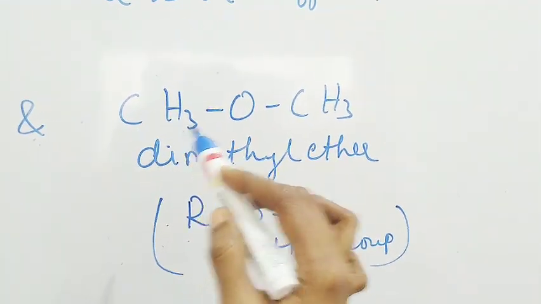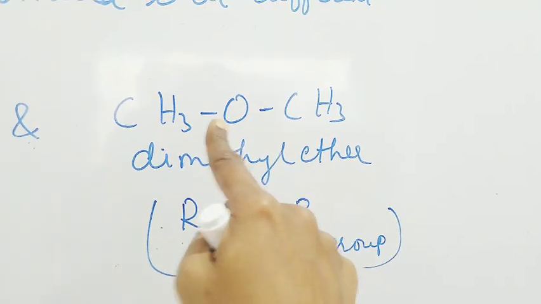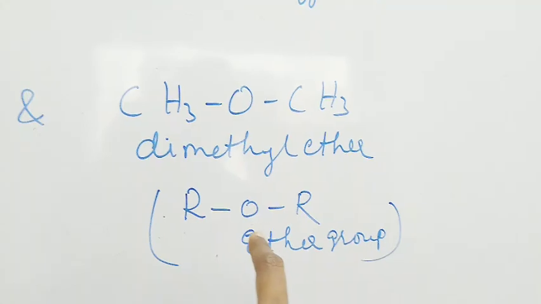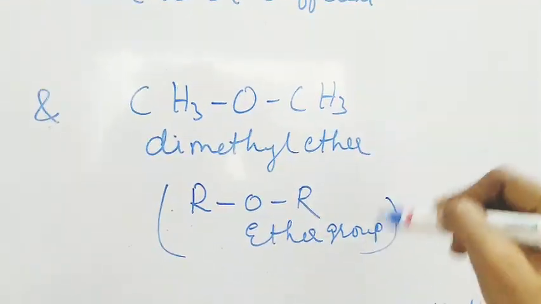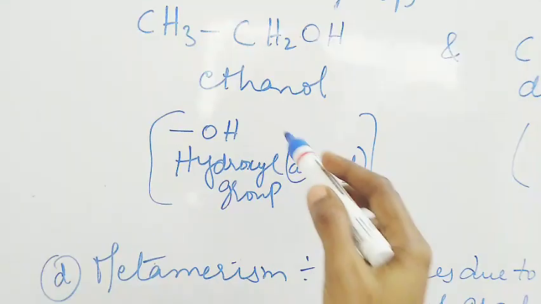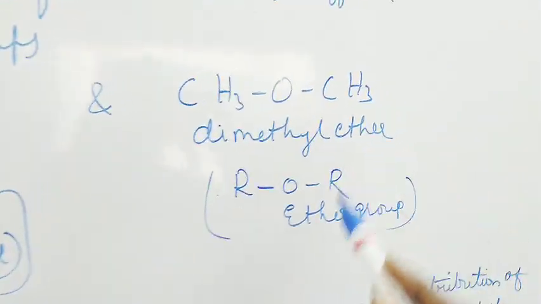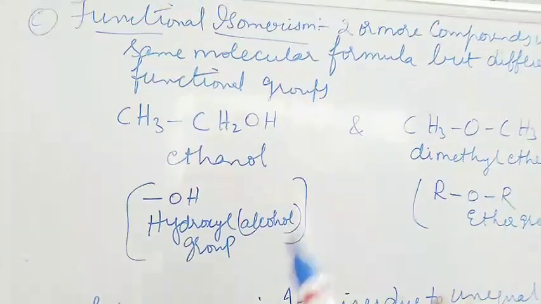Dimethyl, methyl means CH3. Ether means ROR. R means alkyl group. I explained it already. So this belongs to the ether group and this belongs to the hydroxyl group. So this is ethanol and this is dimethyl ether. So this is functional isomerism.